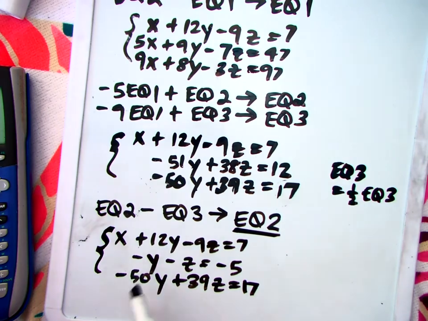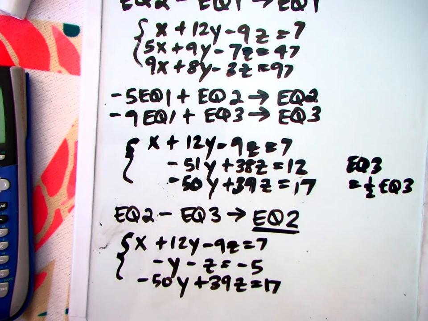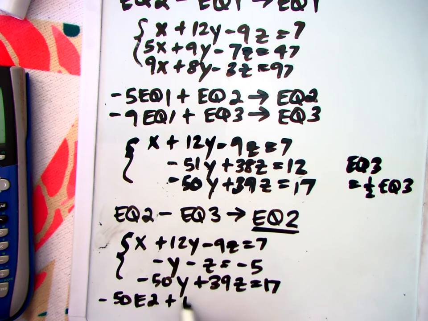The last step to get this in triangular form is to eliminate one of the variables from the final equation. The reason I did the previous step was to give these coefficients of 1. It just makes it easier to do elimination below it. So I'm going to say negative 50 times equation 2, because I need to change the sign, plus equation 3 will be my new equation 3, because I'm trying to eliminate in equation 3.